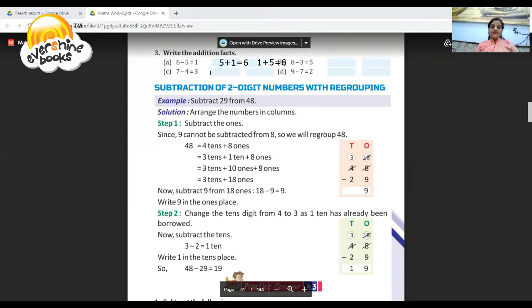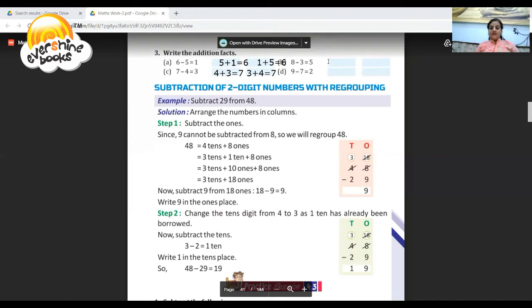Next is 7 minus 4 is 3. It means 4 plus 3 is 7, or 3 plus 4 is also 7. Okay, students, got the point? Next is 8 minus 3.